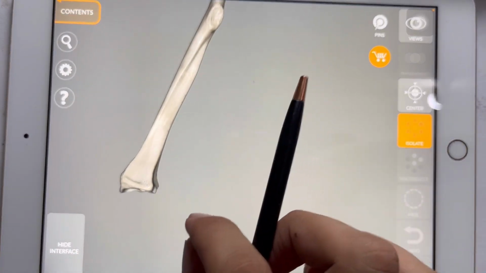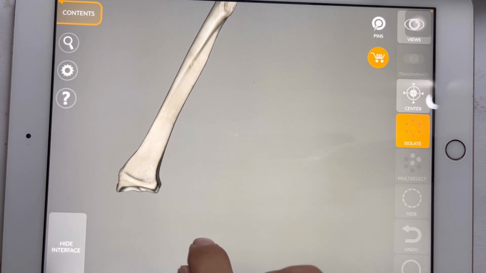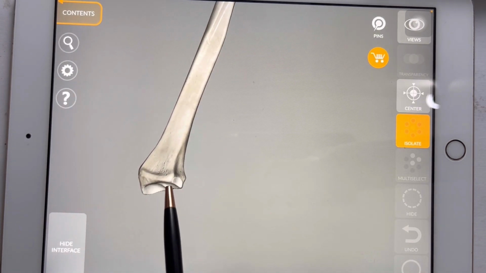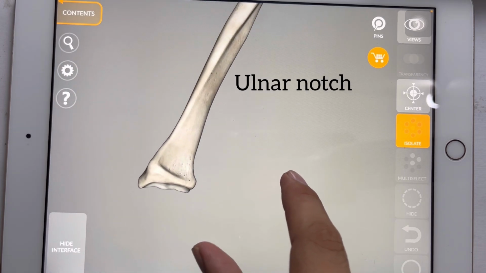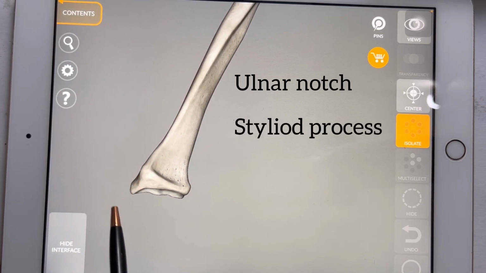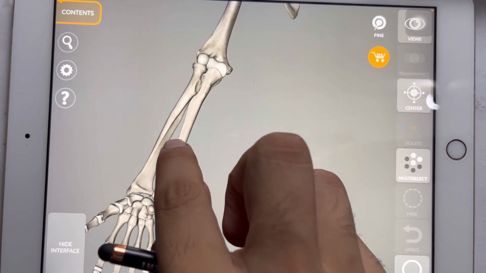Now student, moving toward the distal extremities of the radius bone. At the distal extremities of the radius bone, we have a notch. This notch is called the ulnar notch, and on the lateral side we have a process which is called the styloid process.